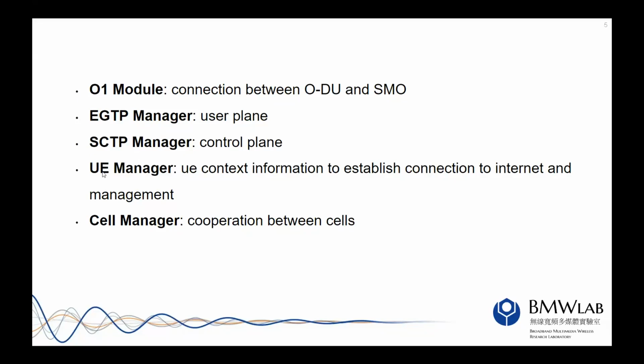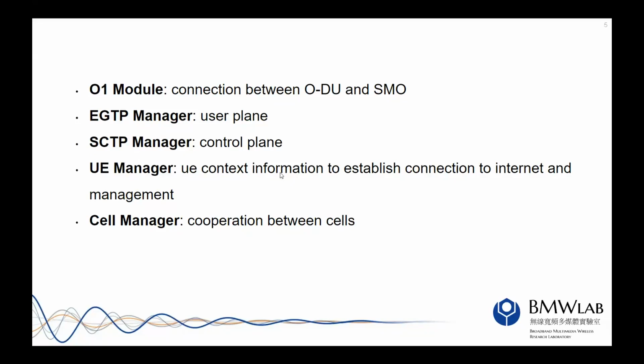Then the UE manager, which handles UE context information in the DU app, because if users want to establish a connection to the internet, it is necessary to get some context information to let the network recognize this UE.